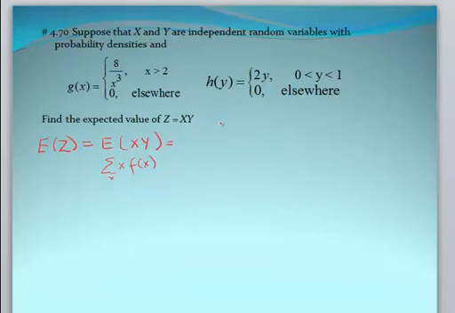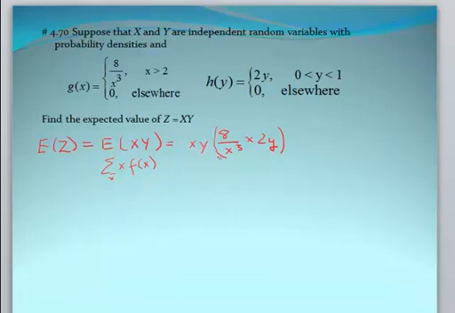So we need to have 8 times x to the third, and then h of y is 2y. So I've got g of x, h of y, and then that's going to be multiplied by xy.